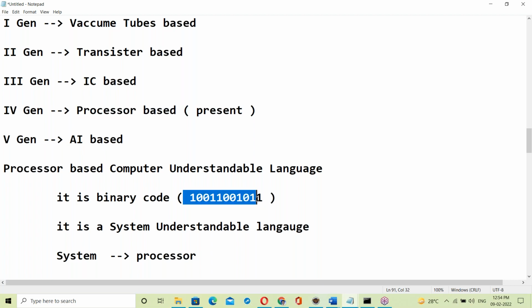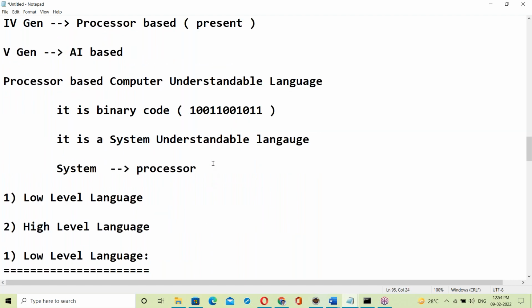AI based computers can understand R language, Python, Java. AI based computers use Java, Python, R language, which are high level languages. Processor based computers understand machine language.